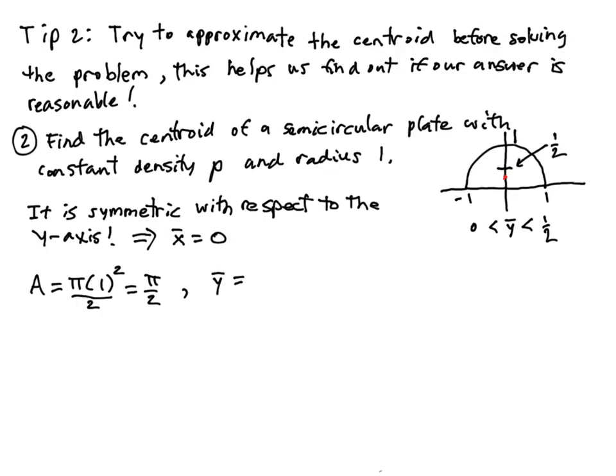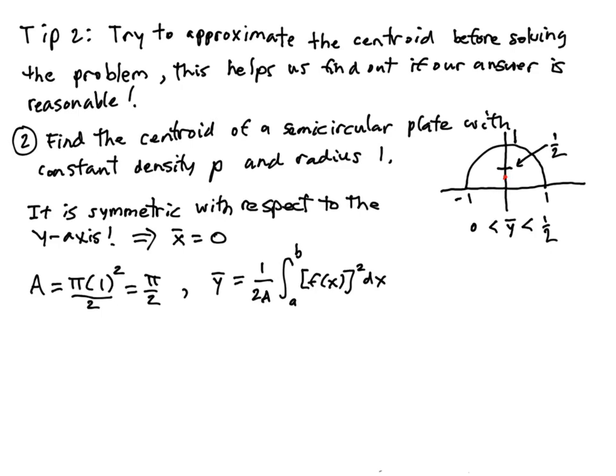So let's come back here. Let me write the formula down. It's 1 over 2a times the integral from a to b of what? It's going to be the function squared. Let's write it this way: f of x squared dx.